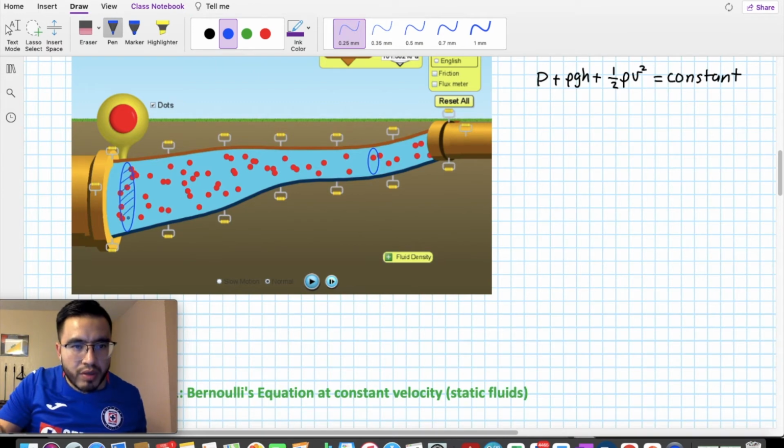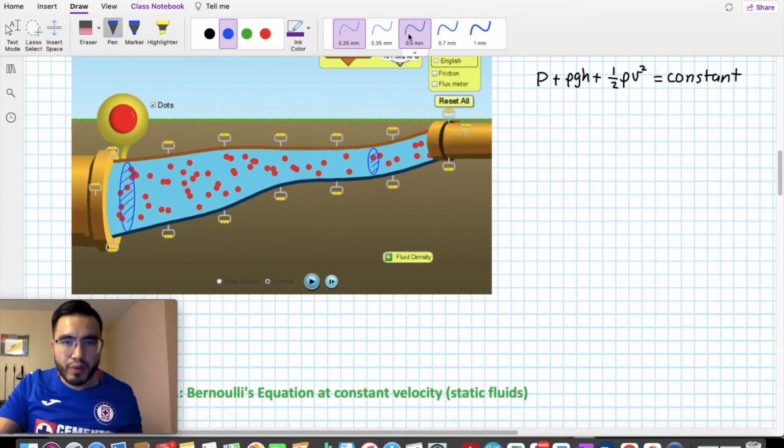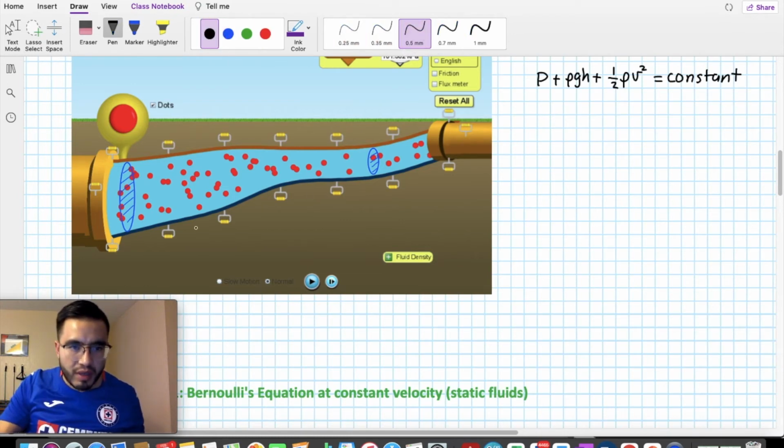You can see a higher concentration, lower concentration of the fluid. Okay, let's label everything. So this is cross-sectional area 1, and I'm just going to label it as A1. And this is cross-sectional area 2. Okay?